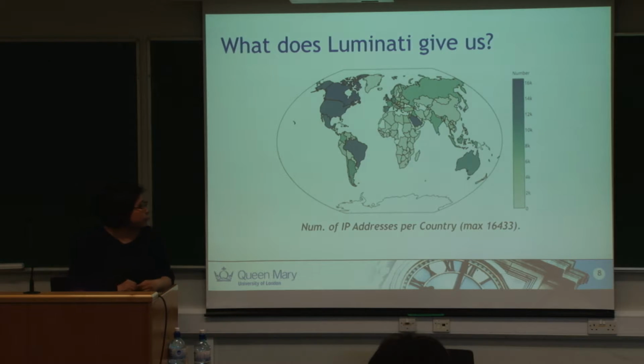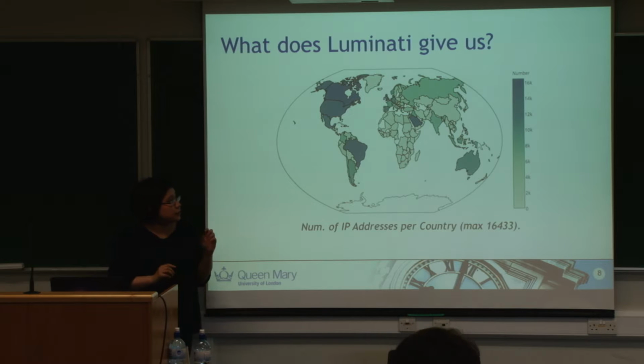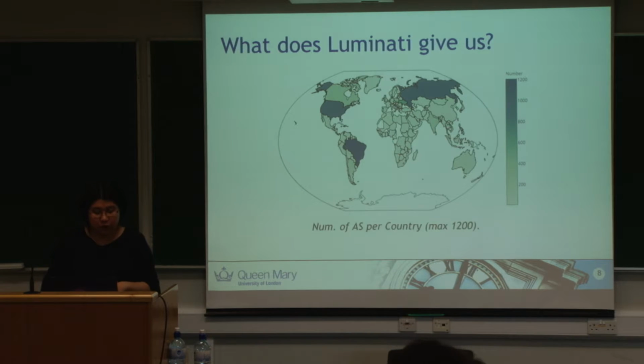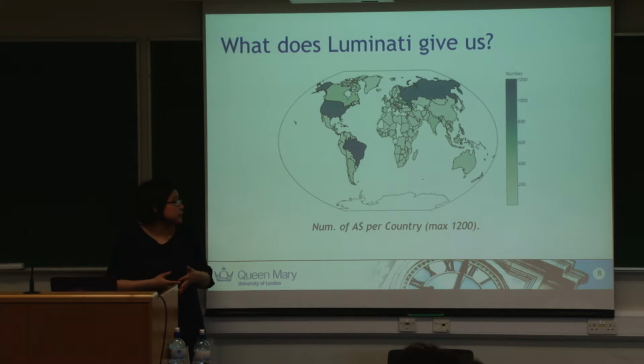This diagram shows the distribution of all the selected country peers, and we could see that it nearly covers most of the countries, except 2 countries in Africa and 1 in North Korea. And according to the IPs, we map the IPs to the corresponding ASs and countries. And this diagram shows the number of ASs per country.